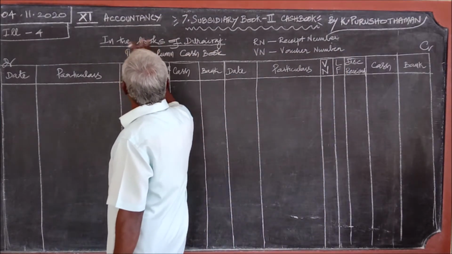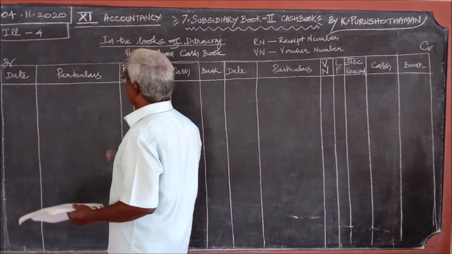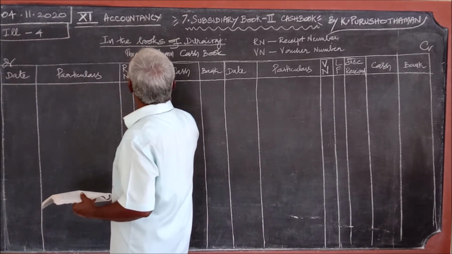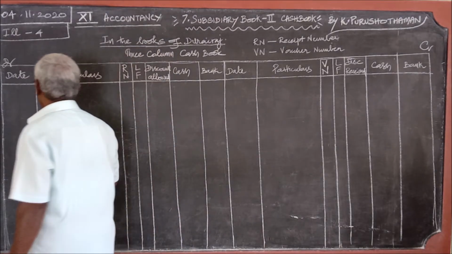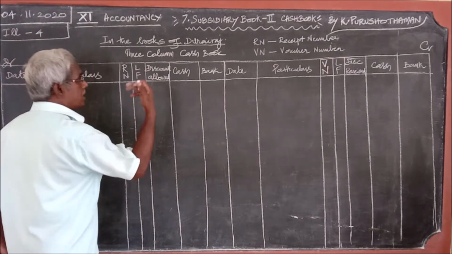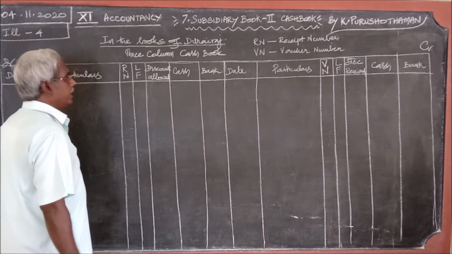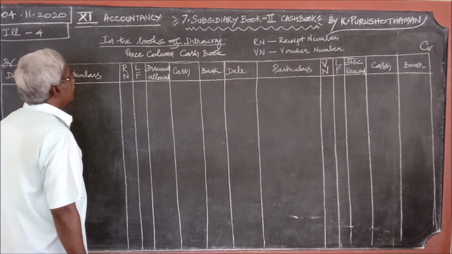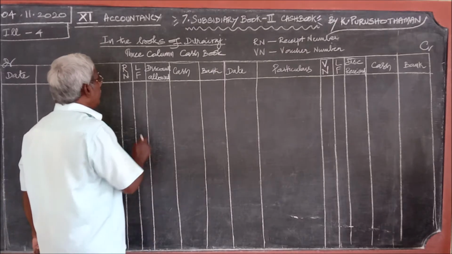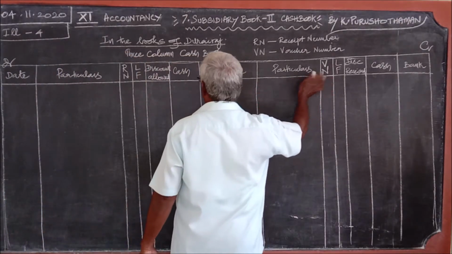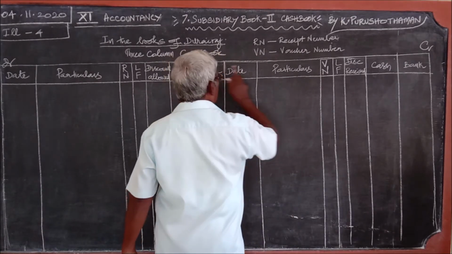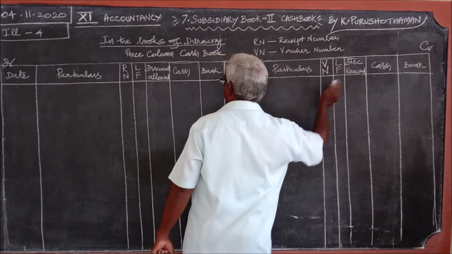As usual, we have written in the books of. Now we have written the heading 3 column cash book. And also we have drawn 7 columns on the debit side and the 7 columns on the credit side with the differences: here this is the receipt number, here this is voucher number, here this is discount allowed, here this is discount received.